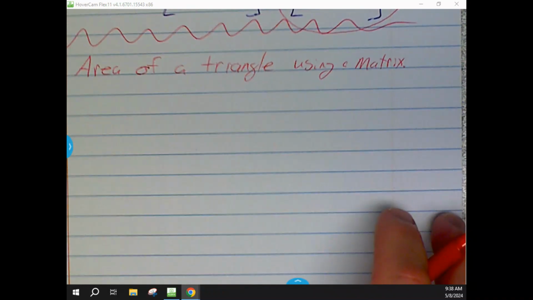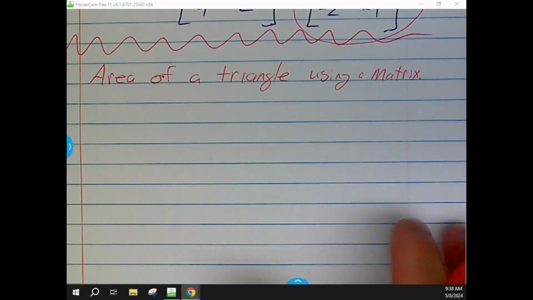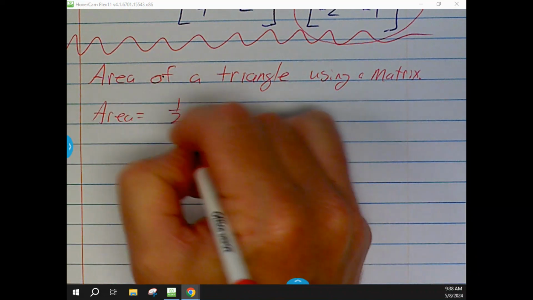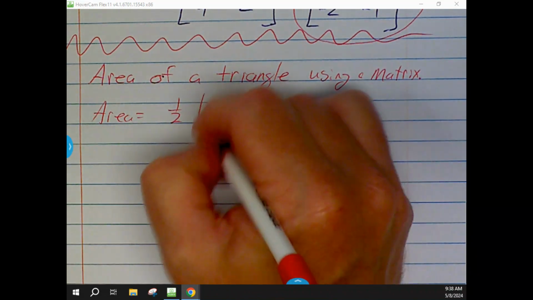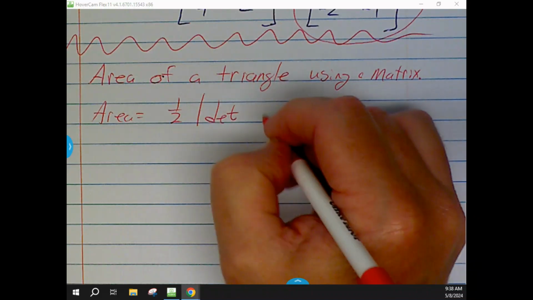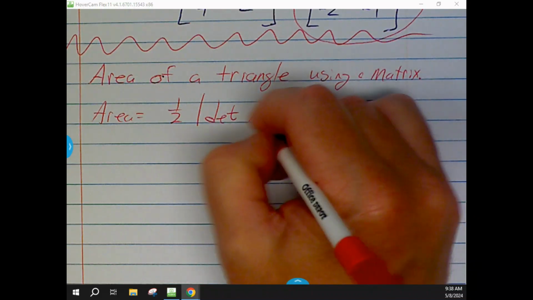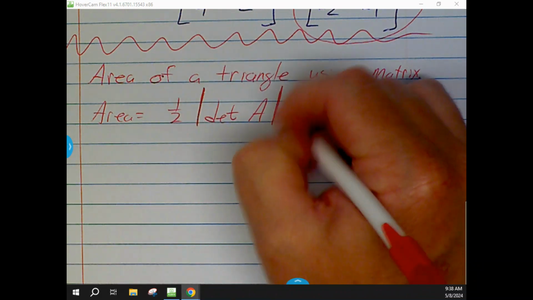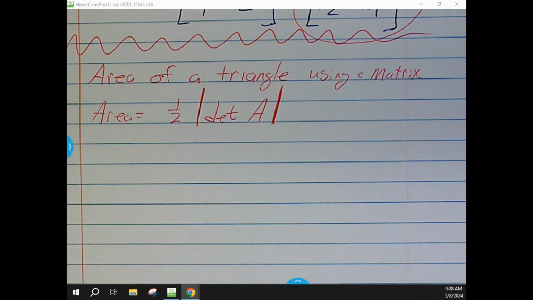Okay, so finding area of a triangle using a matrix. The area is going to equal 1/2 the absolute value of the determinant of matrix A.